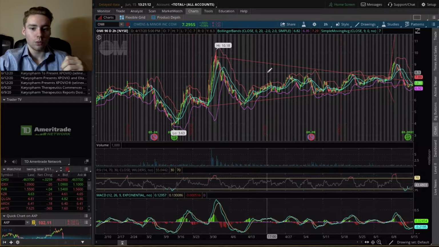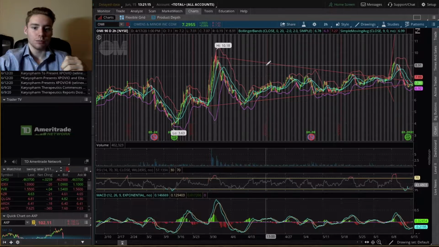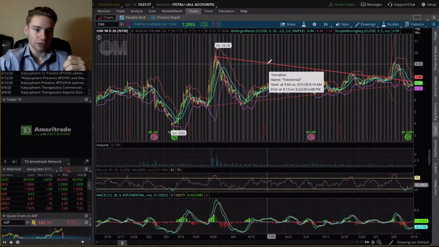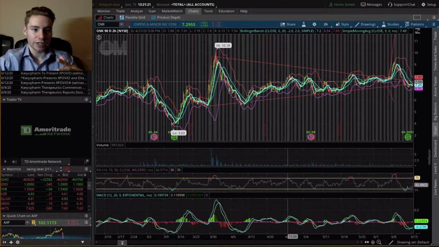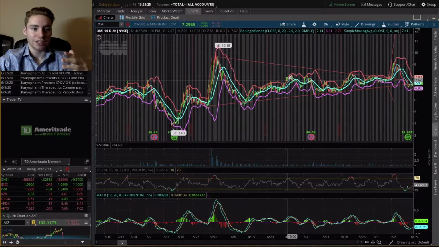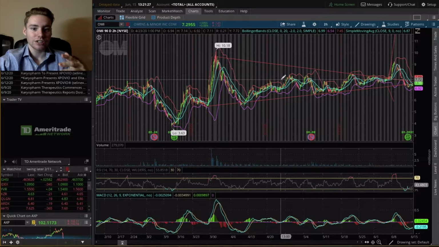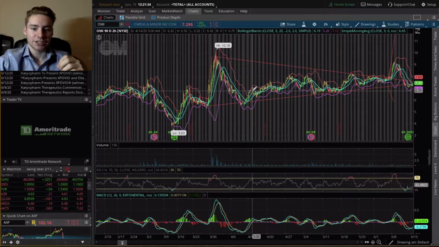Now, with that said, there's also many different strategies you can use with triangles. While this is generally considered a no trade zone within the triangle, I find that I can actually get phenomenal consistency of price action, both spikes and falling price action within the triangle, if that makes sense.